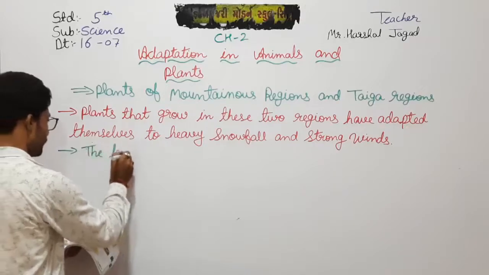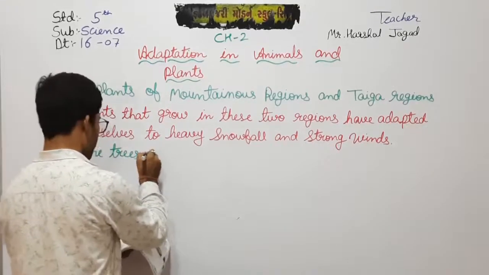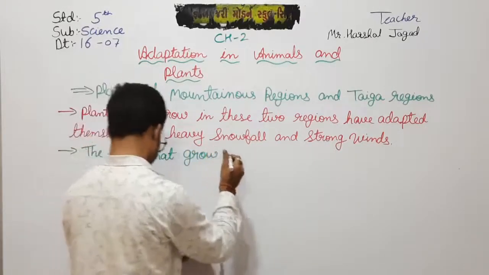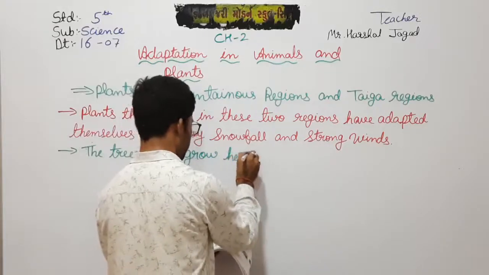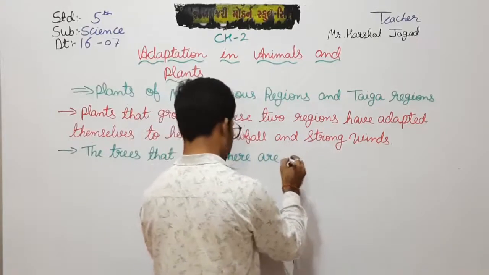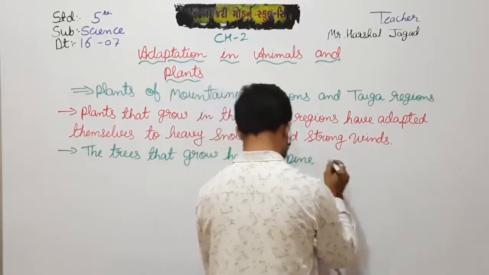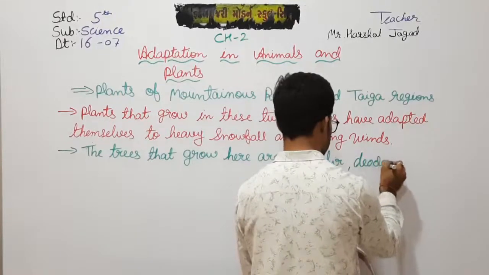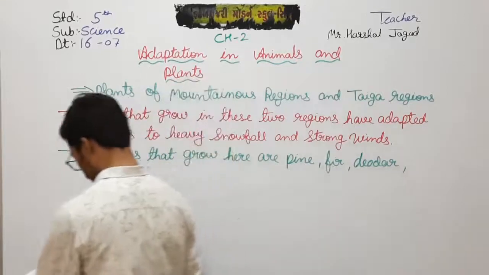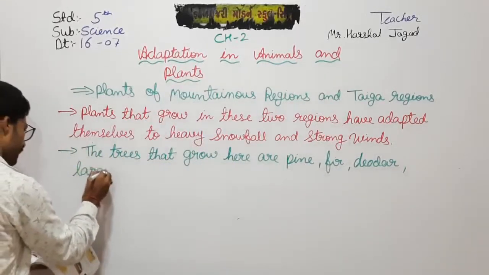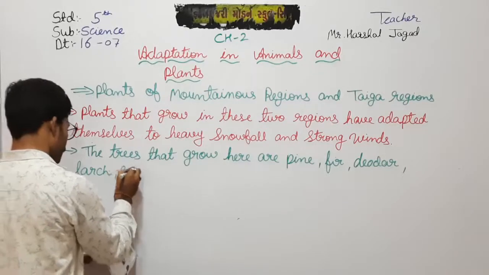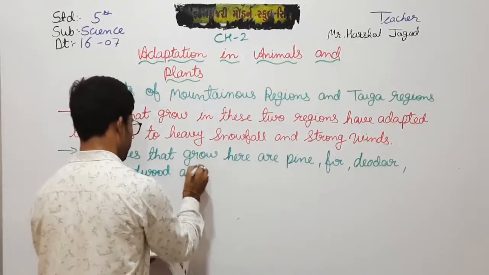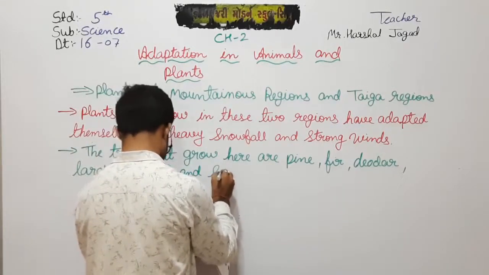The trees that grow here are pine, fir, deodar, larch, redwood, and spruce.